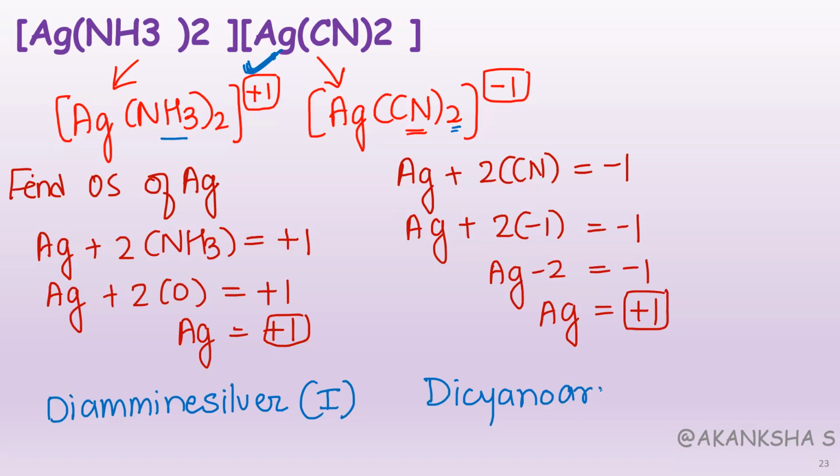It is argentate, so we are going to put it as argentate. Copper becomes cuprate, iron becomes ferrate, silver becomes argentate. Okay, argentate what? 1. Why is it ate? It's because of the negatively charged complex.